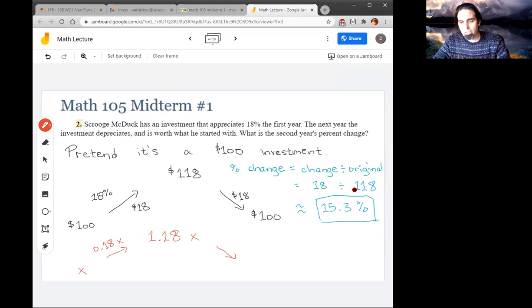So the change divided by original is the change, the 0.18x, because that's the same as what's going on here, divided by what we started at, the 1.18x. And when we do the division, maybe it helps if I write it as a fraction.